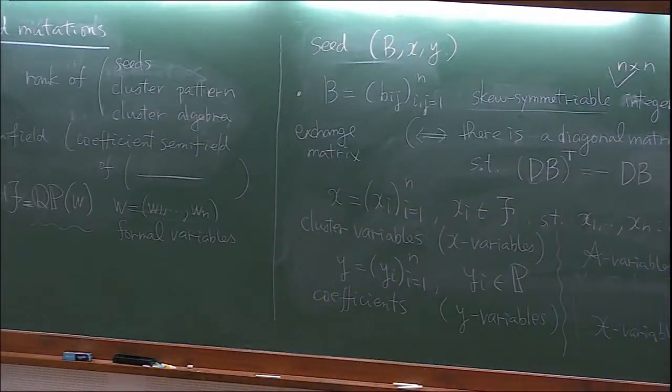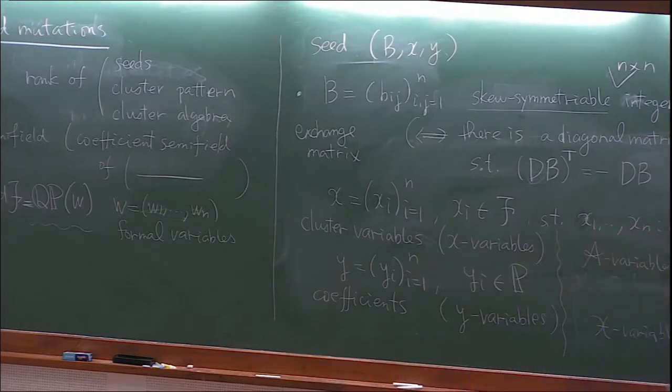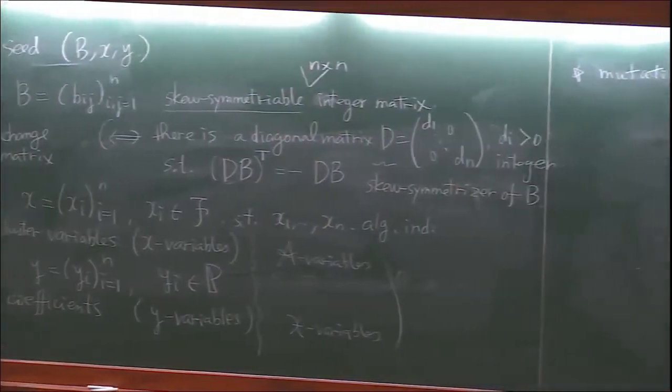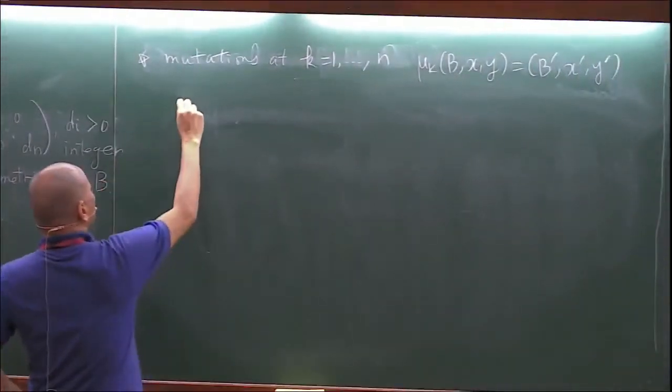Next, I consider mutation. Now we make a mutation. I don't freeze anything, so you can mutate in every direction. By mutating one seed, you get some other seed, which I call B prime, X prime, and Y prime, and the definition is as follows.